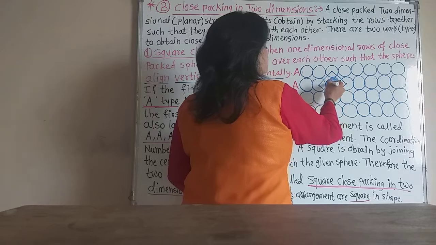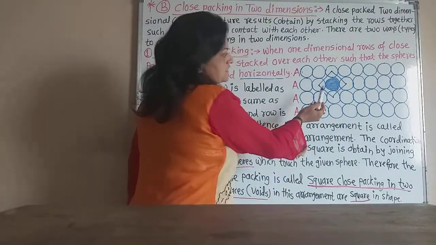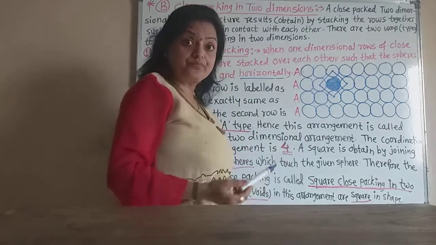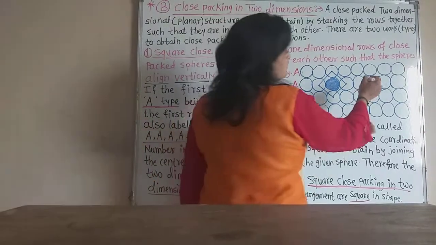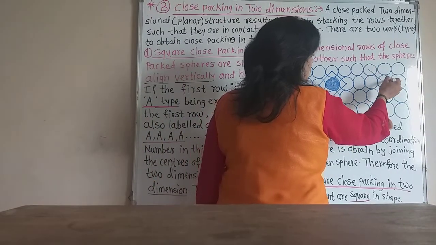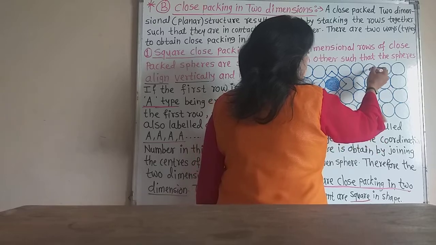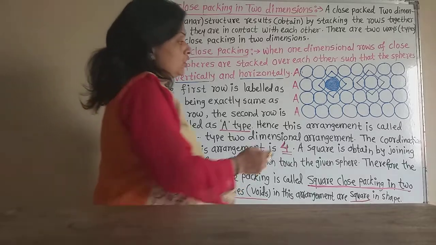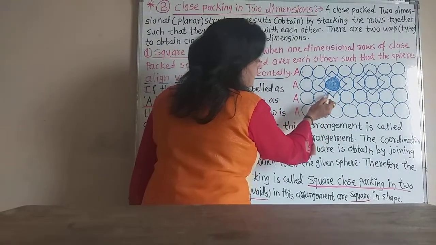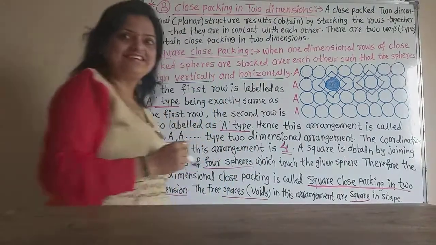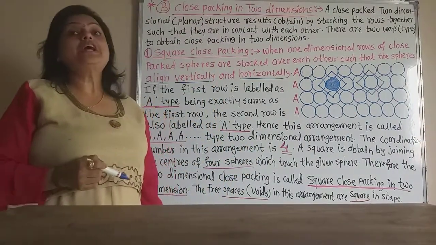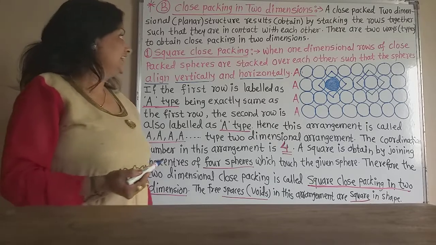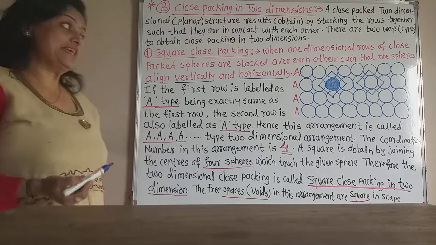How many neighboring spheres does it touch here? Now see here, 1, 2, 3 and 4. So any given sphere touches 4 neighboring spheres, and if we join the centers of the neighboring spheres, we obtain a square. See here. And therefore, this 2-dimensional close packing is called the square close packing.